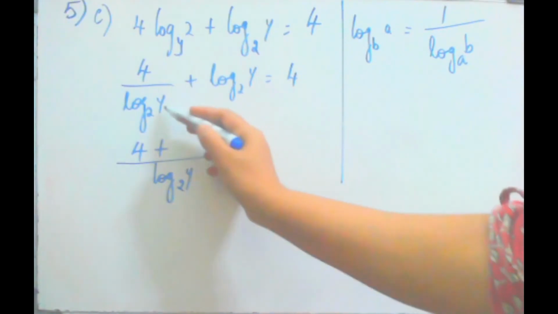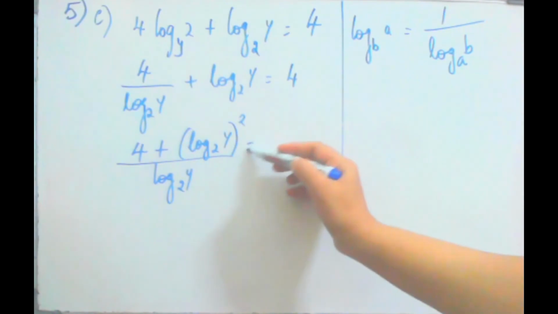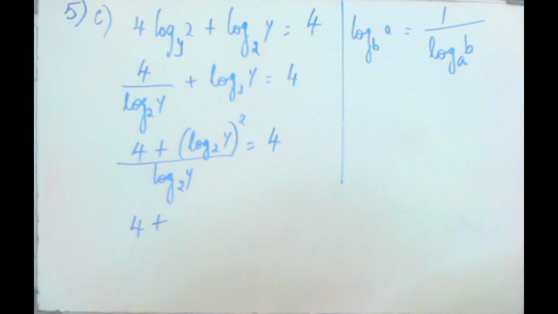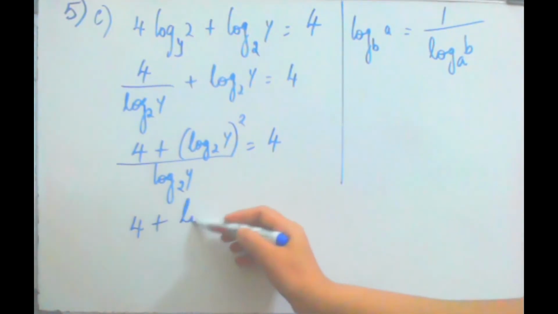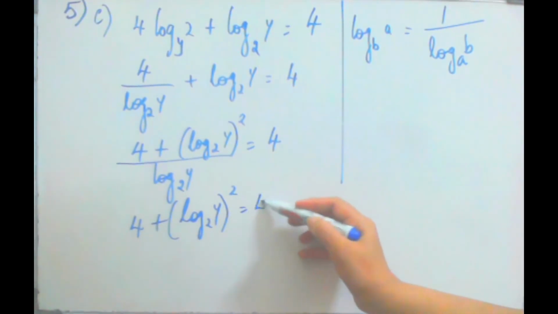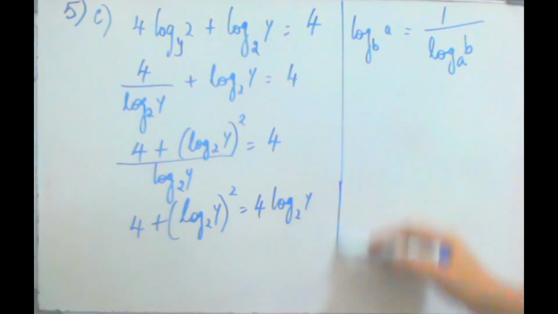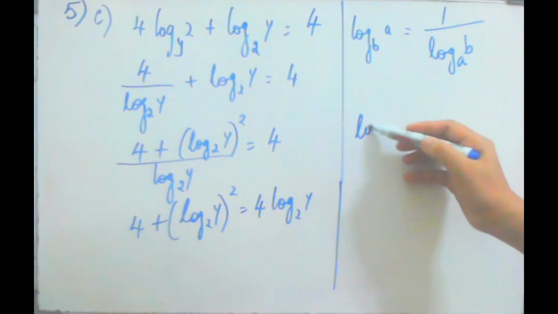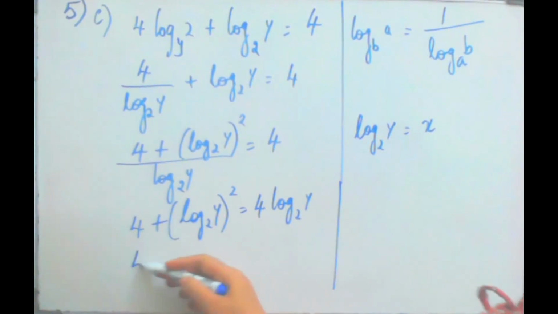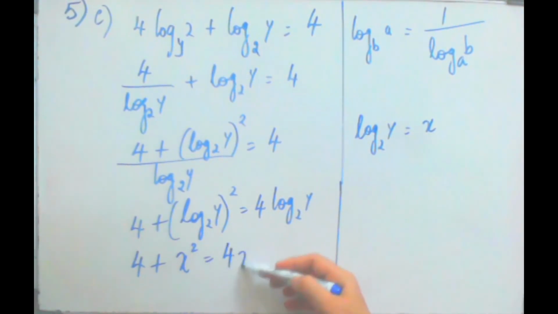It is 4 plus, we multiply these two, so it becomes (log y to the base 2) whole square, equal to 4 log y to the base 2. Now we simplify this by assigning log y to the base 2 as x, and see what we get. It is 4 plus x square is equal to 4x.